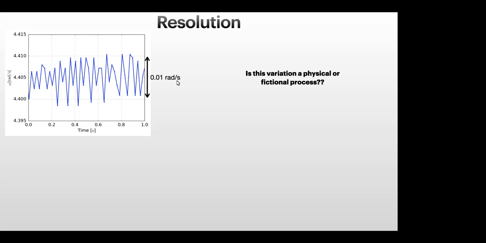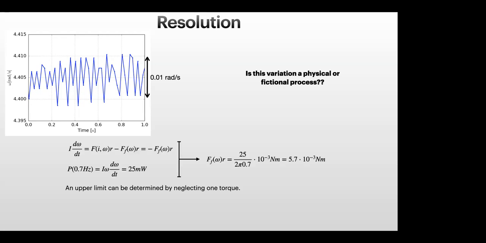To answer this question, we perform a very simple calculation. We wrote the equation of motion of our system. So we have the torque induced by the electromagnetic force by the coils, and the torque induced by the friction. We know how much is the friction because we measured it.